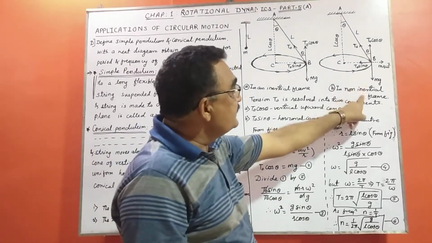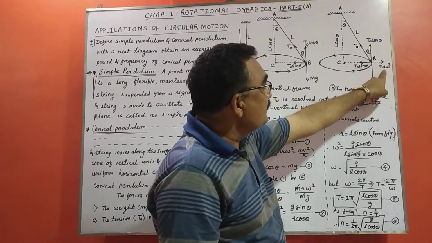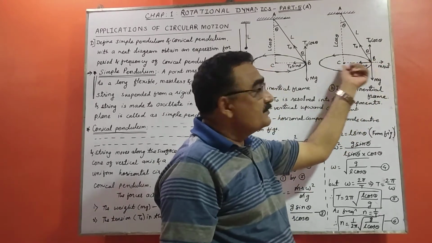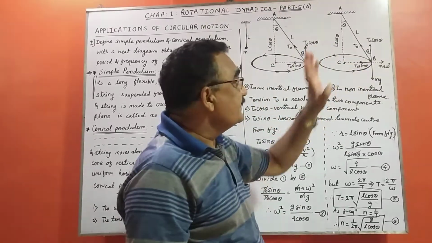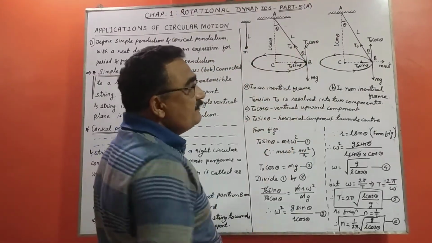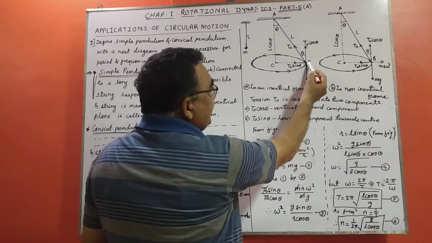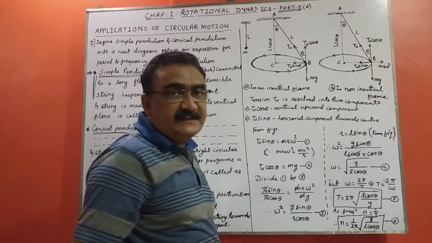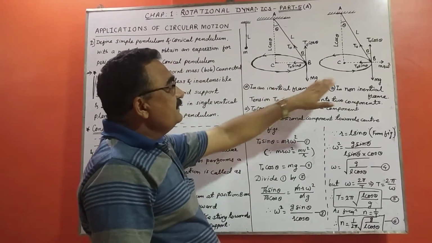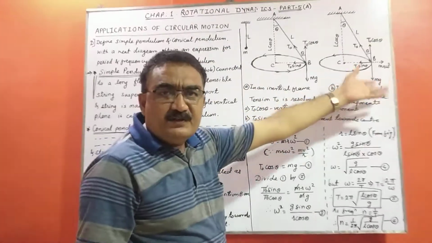So in a non-inertial frame, we show the centrifugal force directed away, and the centripetal force towards the center. Now when the bob performs this circular motion, at point B different forces are acting. Only for simplicity do we explain the inertial and non-inertial frames.